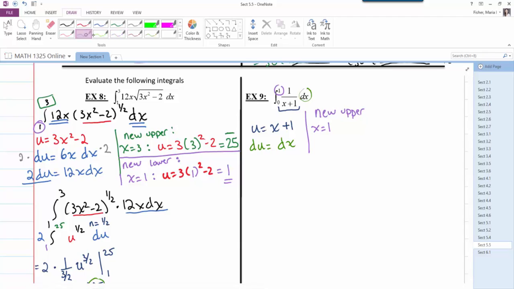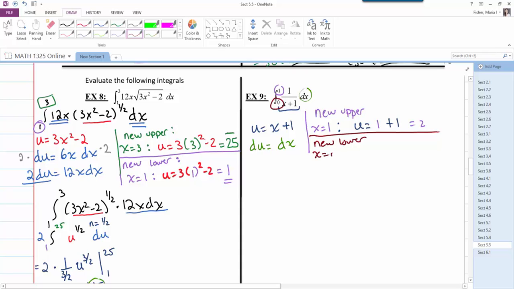So in terms of u, I'm looking at u is equal to 1 plus 1, or 2. My current lower limit of integration is 0. Therefore, this would be u is equal to 0 plus 1, which is just equal to 1.